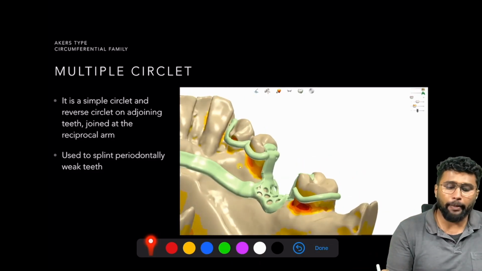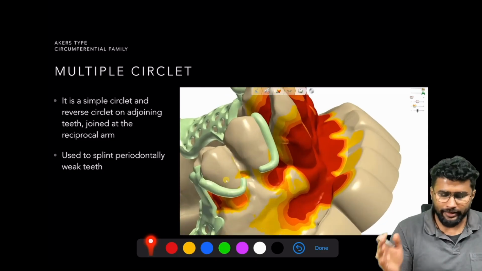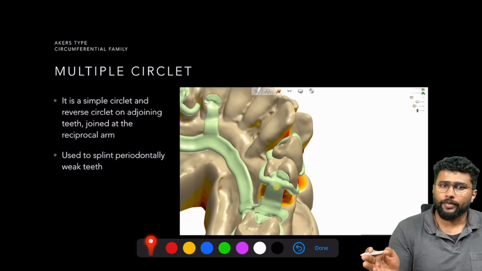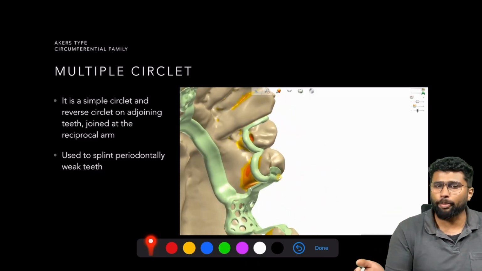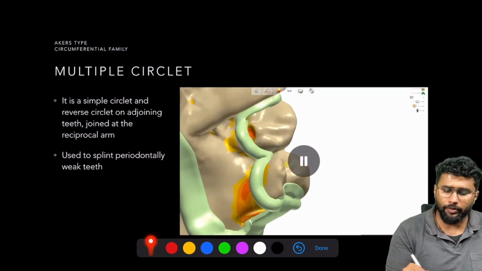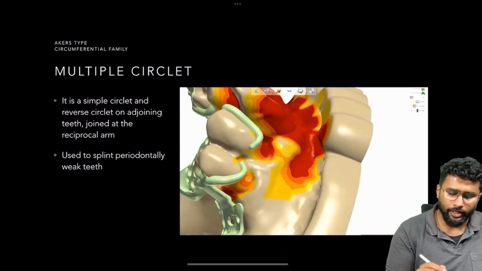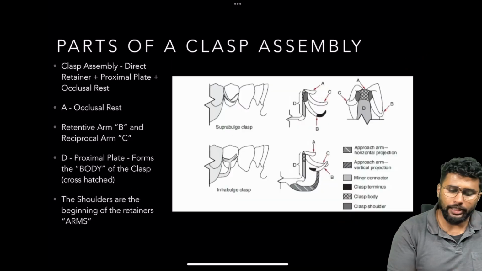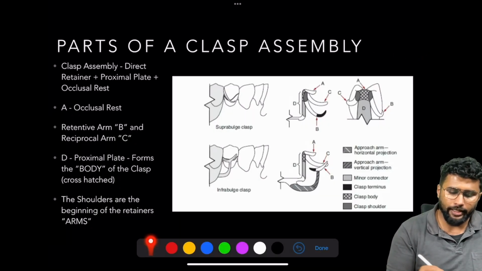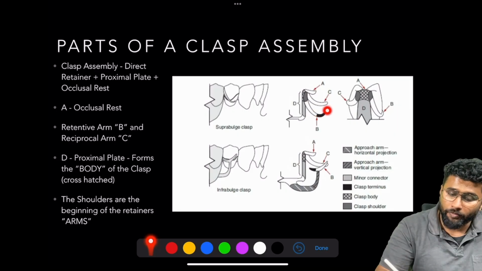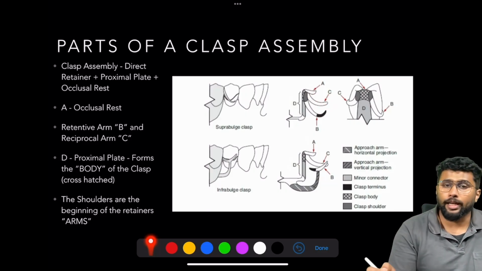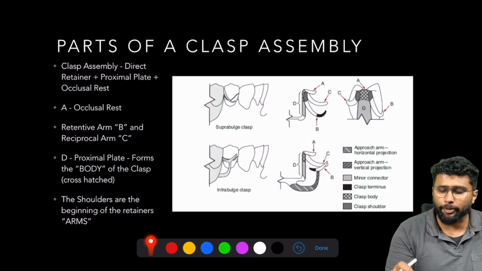Now, this is a multiple circlet. It is simply a reverse circlet that is joined at the reciprocal arm. Now, what you see on the lingual side of all these clasps. If you go back to the parts of your clasp very quickly, you will see that each clasp has a buccally placed arm, which is your retentive arm, and on the palatal side, you have a lingually placed arm that is known as your reciprocal arm.